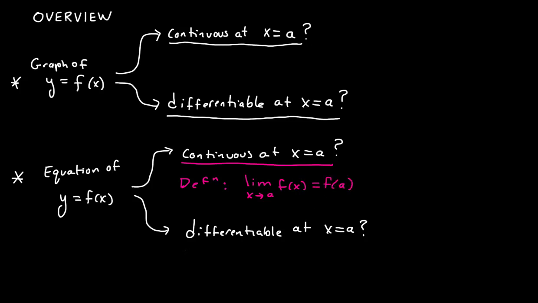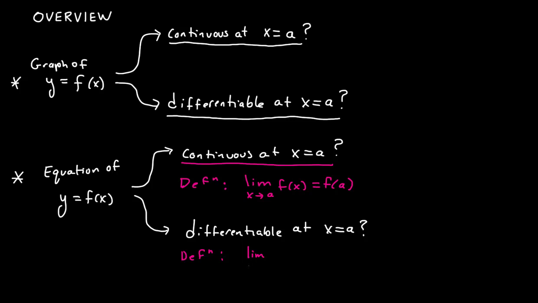And to determine if a function is differentiable at x equals a, here we would also use a definition. But the definition that we want here is a definition that utilizes the limit of a difference quotient.